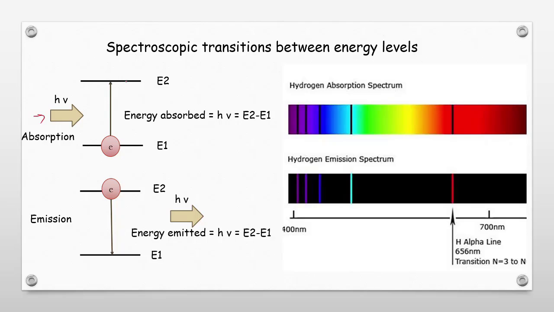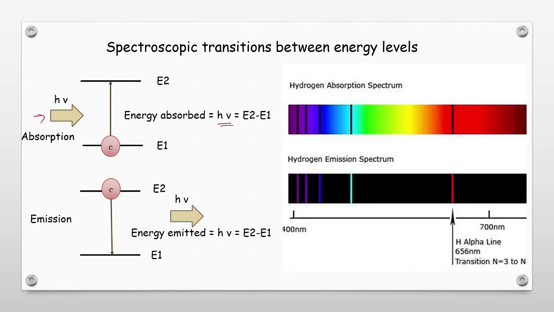And the energy taken up by the electron to go from the ground state E1 to the excited state is equal to E2 minus E1, which is equal to h nu. H nu is the energy of the photon or light absorbed.